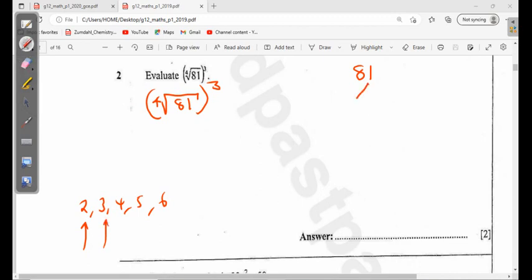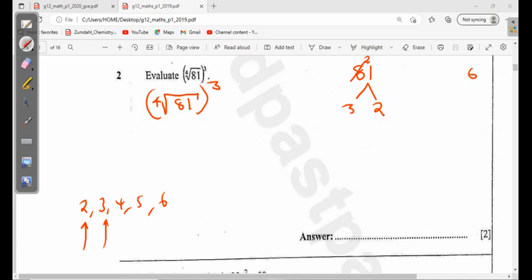So we're going to write like this. We're going to ask ourselves, how many times can 3 go into 81? The first thing, we know that 3 can go into 6, that is 2 times. So it can go into 8 2 times, remainder 2. And then how many times can 3 go into 21?